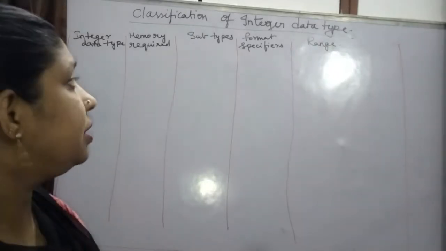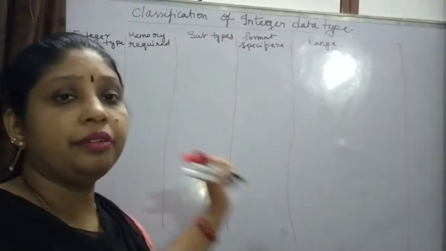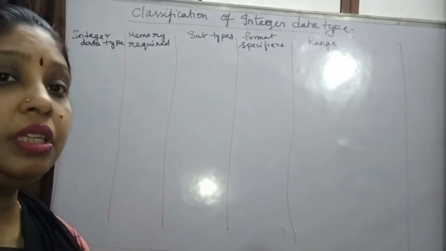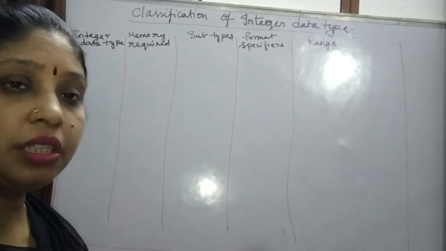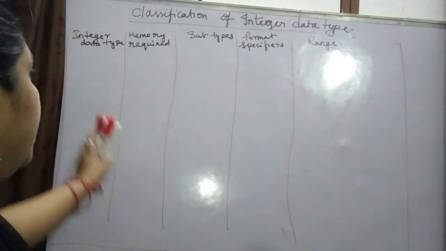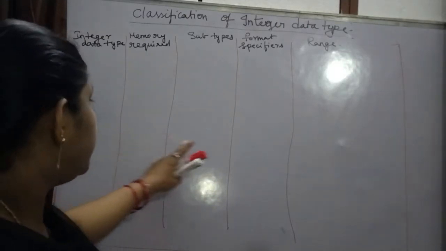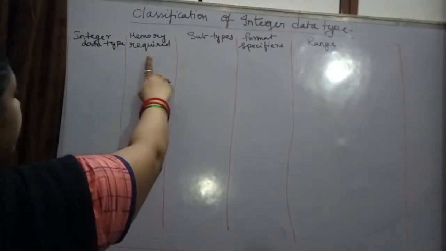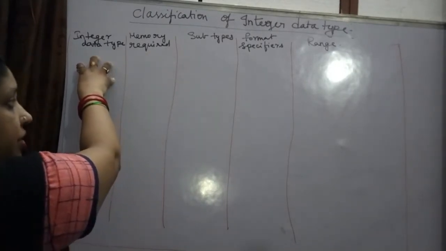Okay, now on this screen I have written a classification of integer data types. Now I am going to explain the chart of the integer data types. Here I am showing 5 columns. First is the integer data type. Second, memory required: how much memory is required by this integer data type?